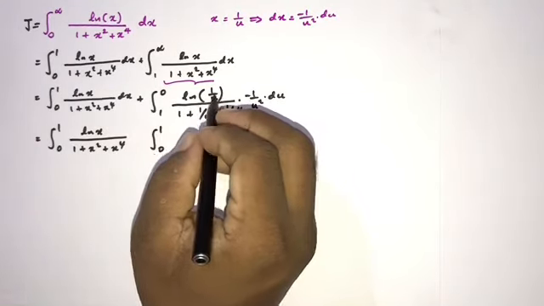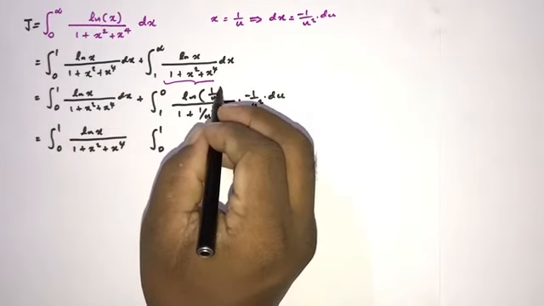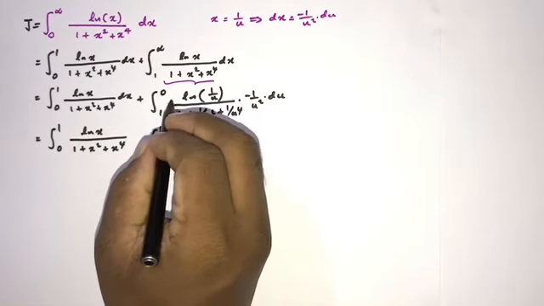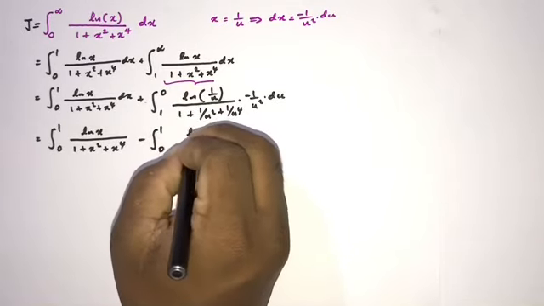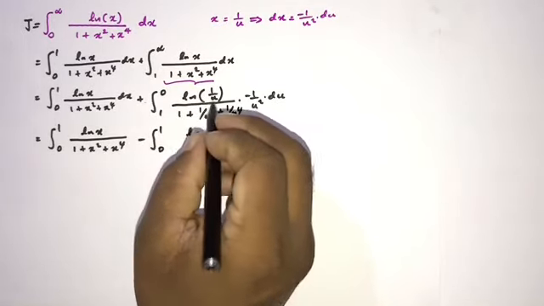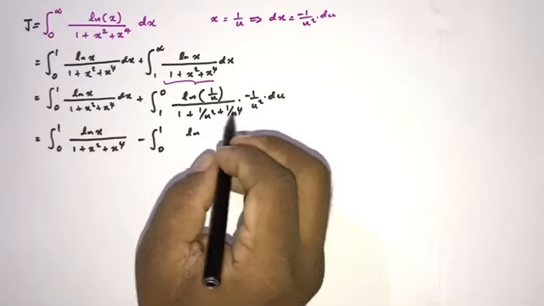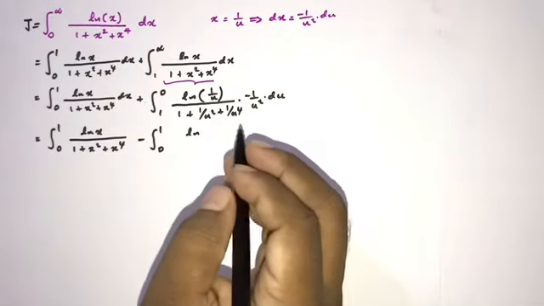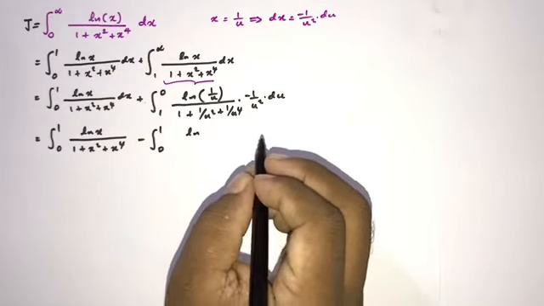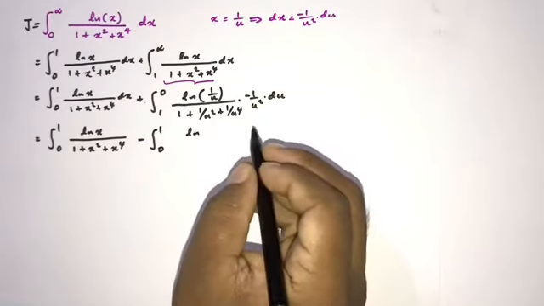We can convert u to the minus 1. Then we know here a minus sign, so minus natural log of u. We know the definite integral is independent of the variable, so instead of u now we can use x.